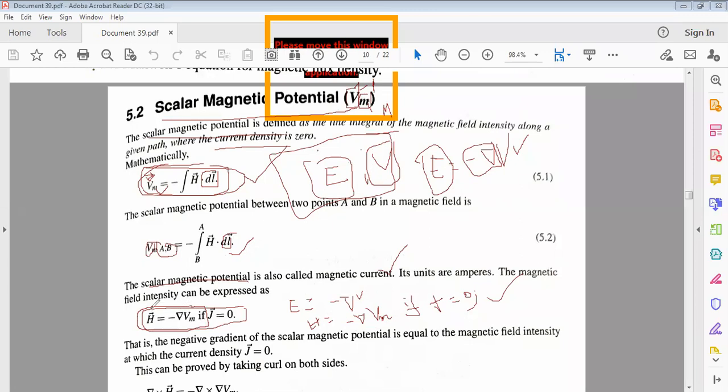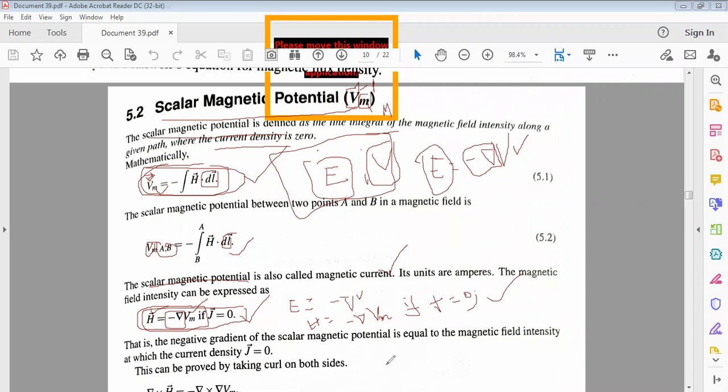The magnetic field strength H is equal to the negative gradient of the scalar magnetic potential Vm when the conduction current density equals 0. That is the negative gradient of the scalar magnetic potential equals the magnetic field intensity at which the current density equals 0. That is also the statement.